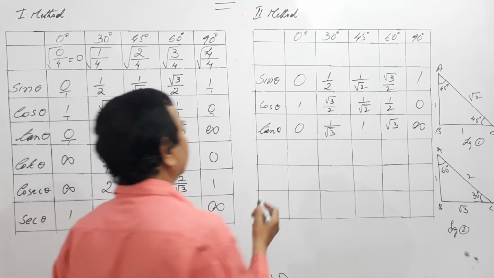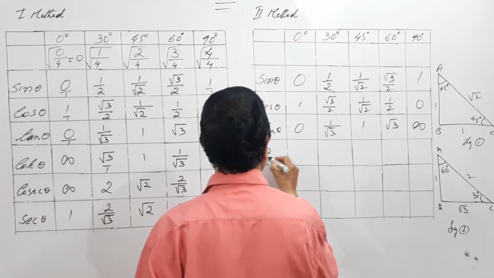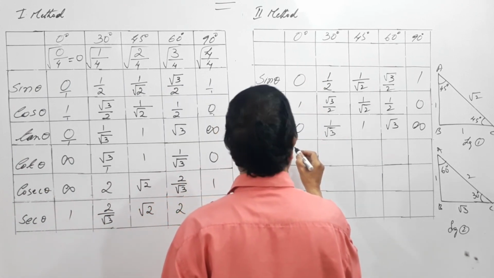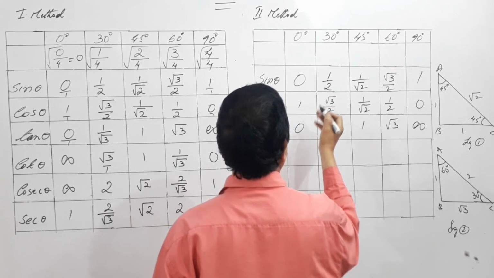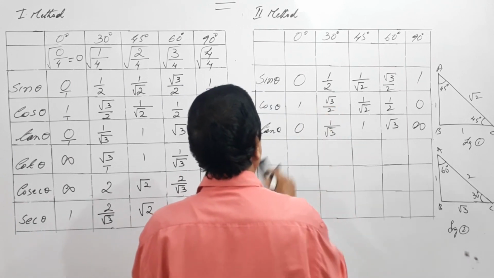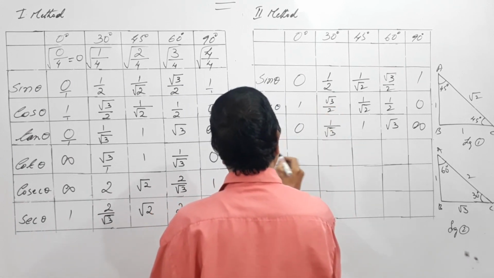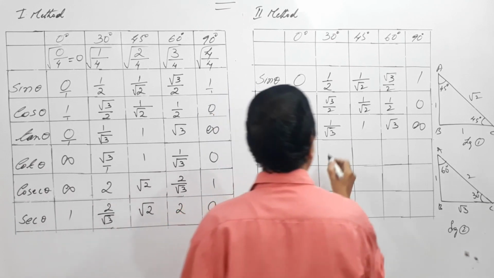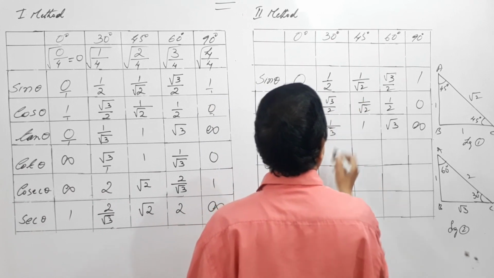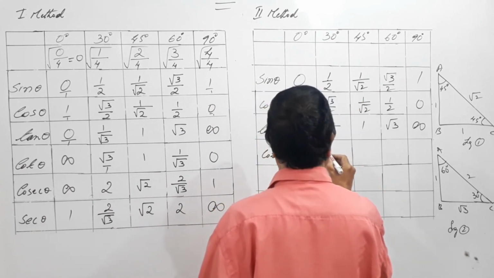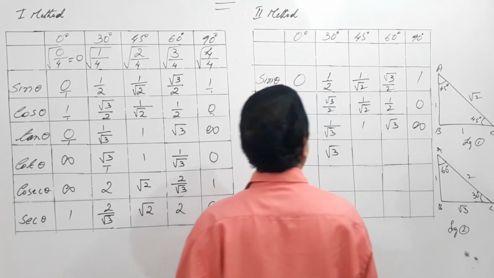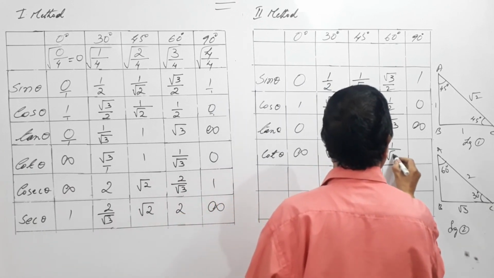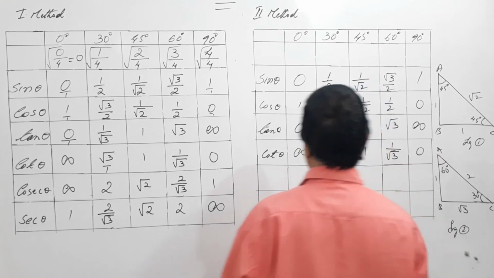Now reciprocals. So what happens to this? Cot is cos by sin. So cot theta: this is infinity, root 3, 1, 1 by root 3, and 0.